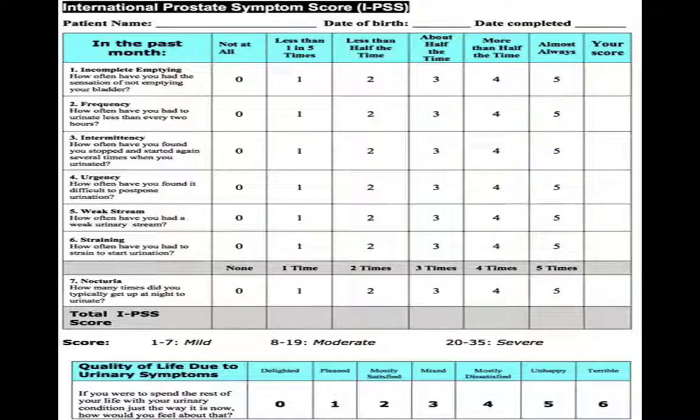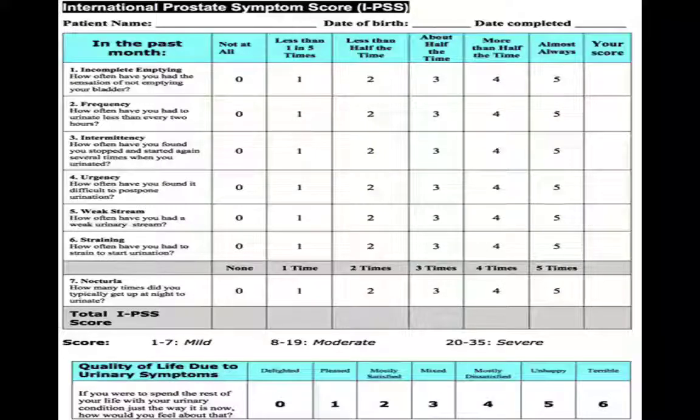If he says not at all, we give it 0. If he says less than 1 in 5, meaning one fifth of the time he feels that he has incomplete emptying of the bladder, we give it 1. If he says less than half the time, we give it 2.